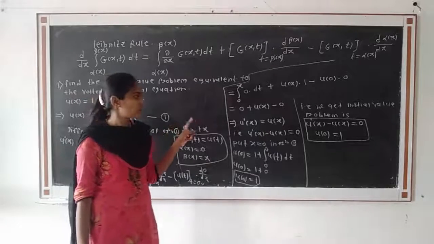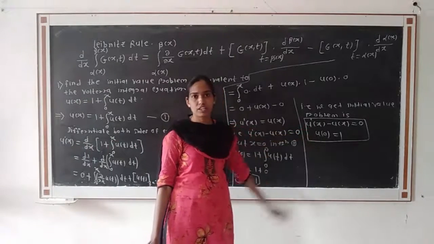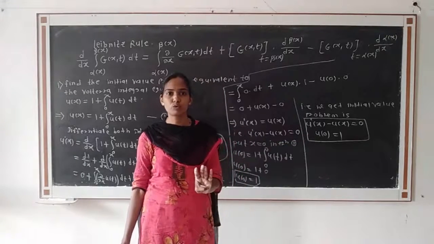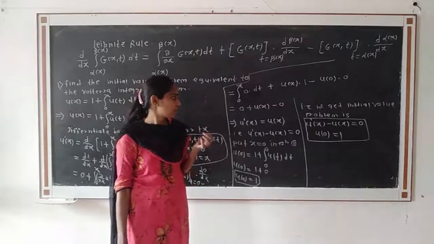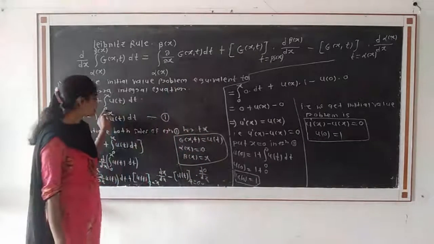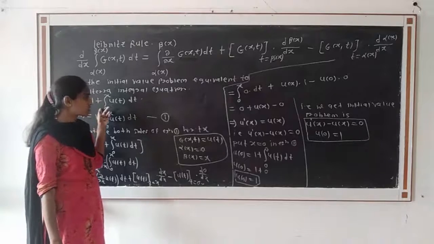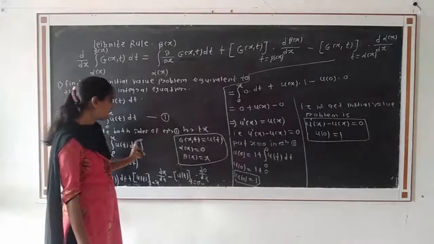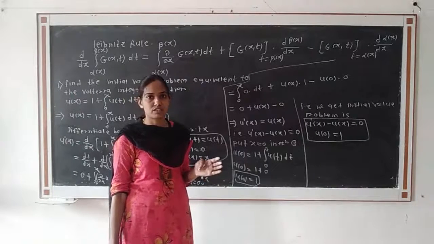Suppose we have to get the ordinary differential equation of order 2, that is we have to find two initial conditions. Then put the lower limit of the given integral equation in the given integral equation, and also in the next equation, that is u dash of x.